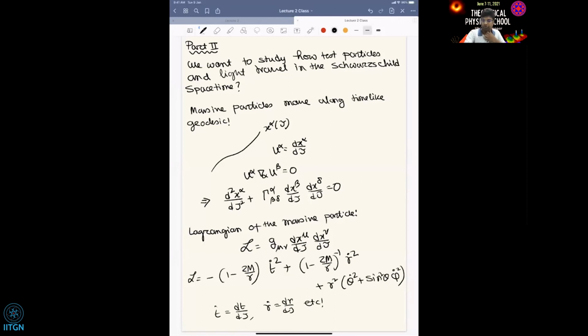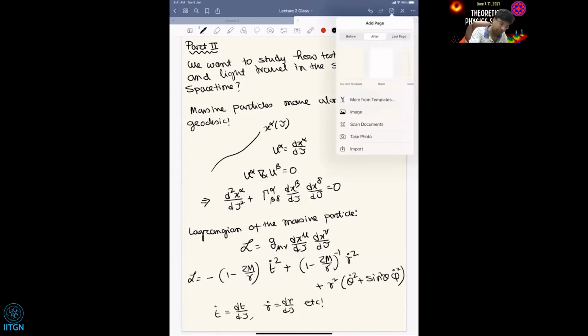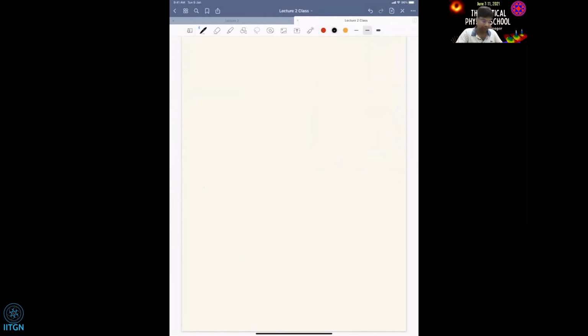Good. The question is, what are the conserved quantities? We already know them. There is a time translation invariance. The Lagrangian does not depend on time, and therefore the energy is conserved. Of course, there is also a phi symmetry.